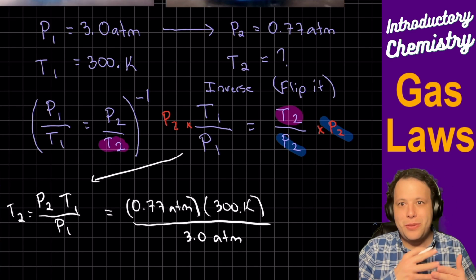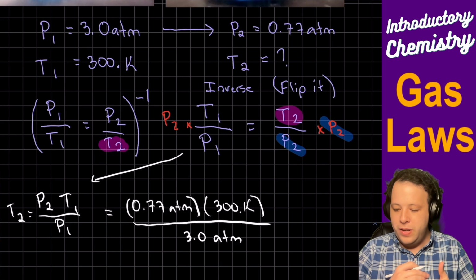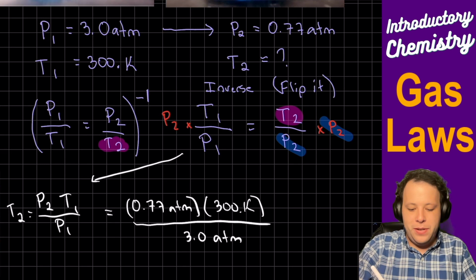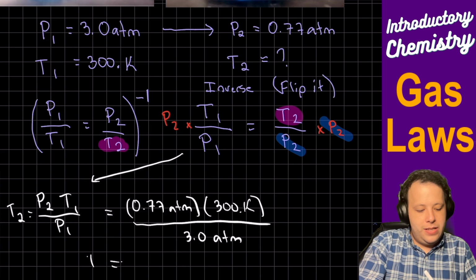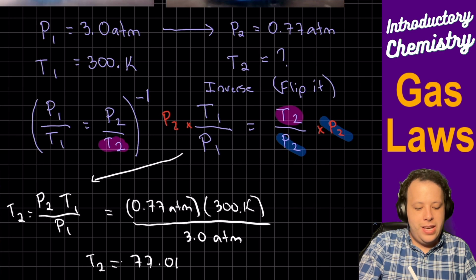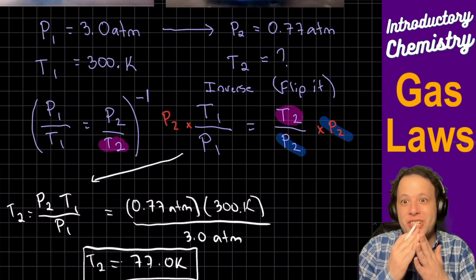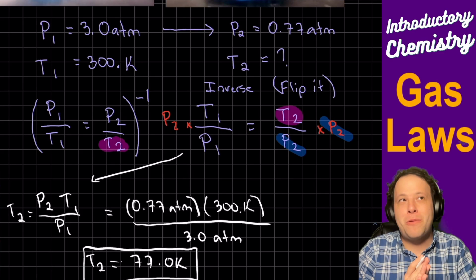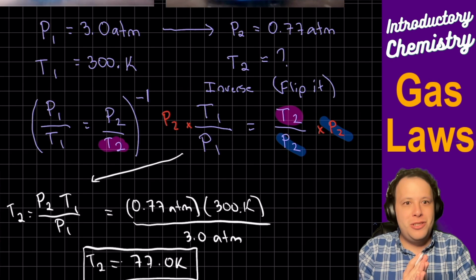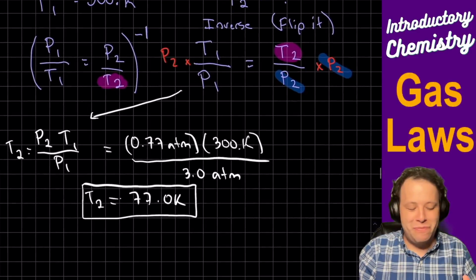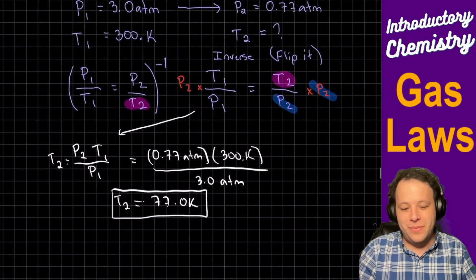When we go through that process, the temperature of our gas is going to be 77 Kelvin, which is the temperature of liquid nitrogen when it is poured on something. So 77 Kelvin is extremely cold, roughly negative 200 degrees Celsius or so. It is extremely cold, even beyond freezing.